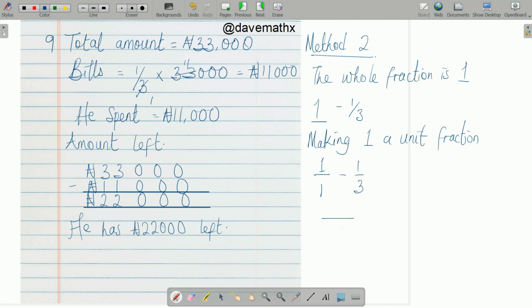We have 1 over 1 minus 1 over 3. Finding the LCM of 1 and 3 is 3. Then we multiply 3 times 1, which is 3. 3 into 3 is 1. Then we multiply 1 times 1, which is 1. Then 3 minus 1 is 2. The fraction of what he has is 2/3.